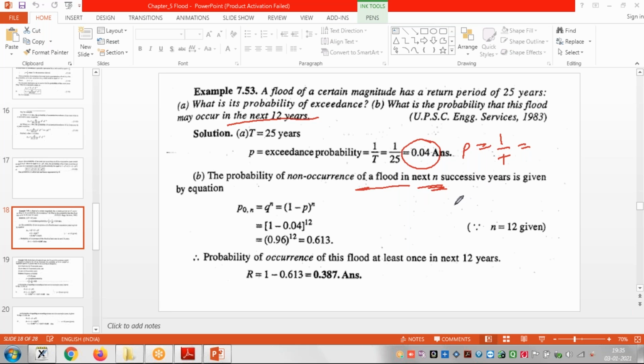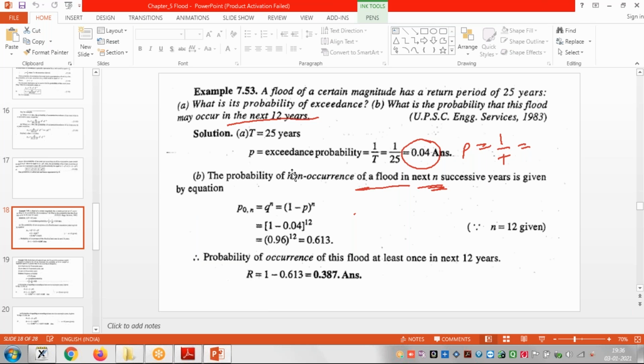I was taking the probability of non-occurrence, that was wrong. So I have to take the probability of occurrence in the next 12 years. They have used the same formula which I have told you.